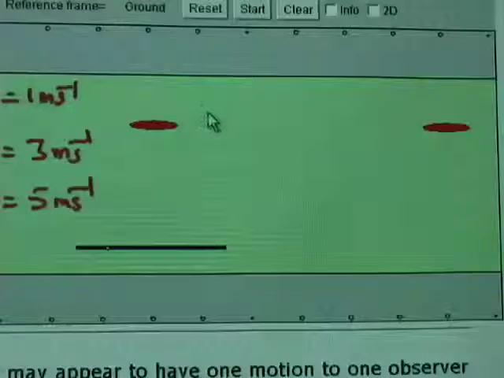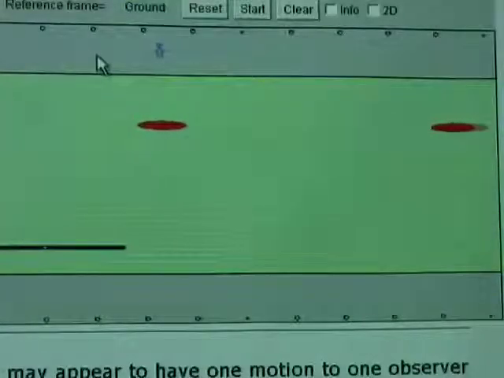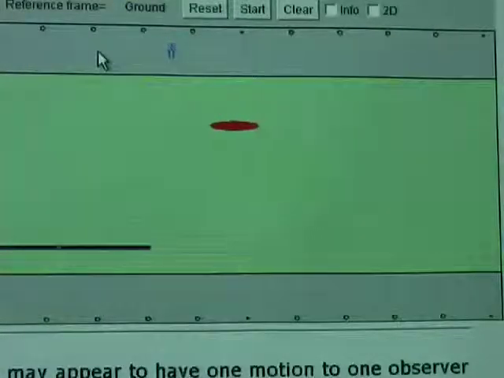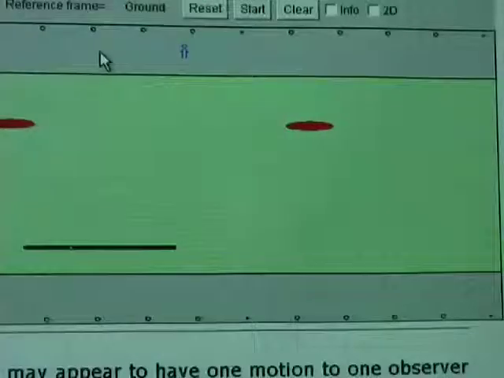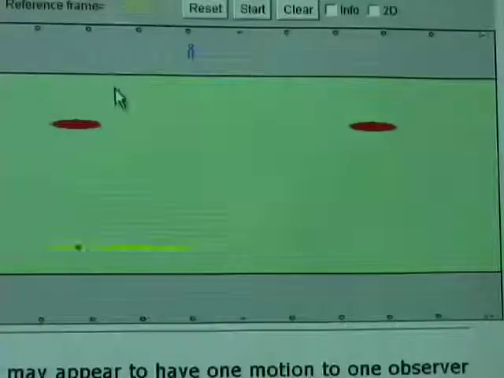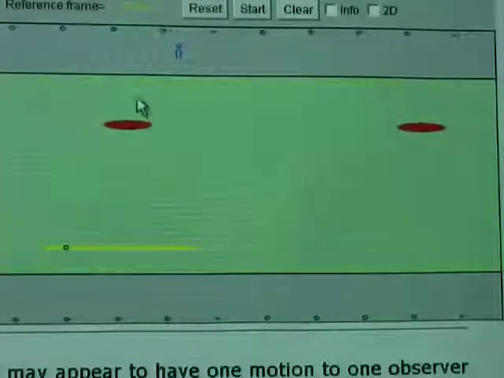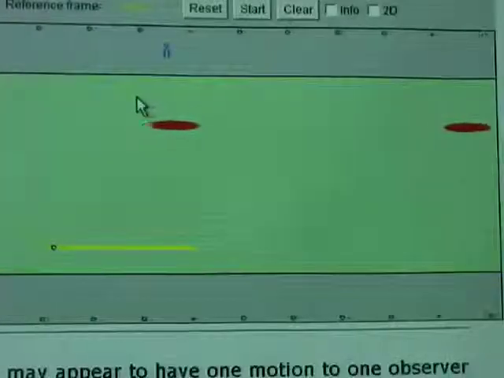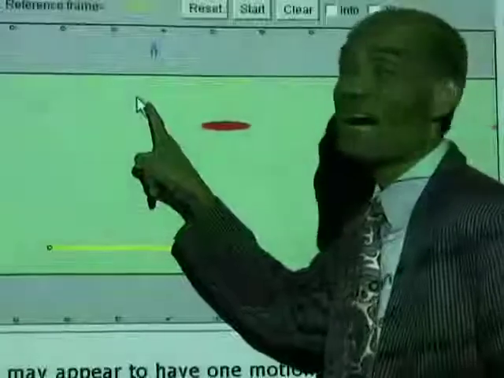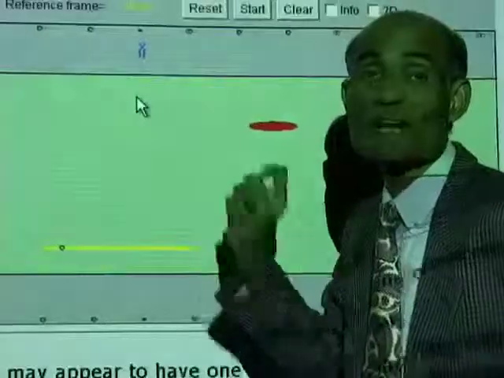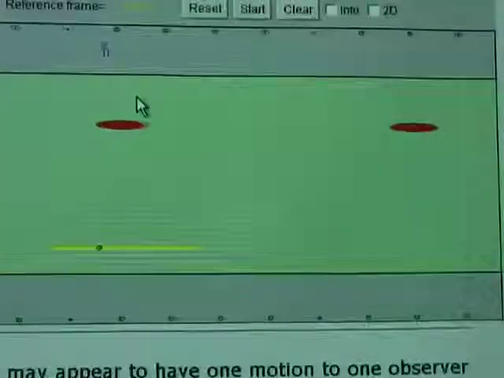Now, what happens when you move the reference frame? When you move from the ground to the river, you can see the river is at rest. The river is the frame of reference. So what we did here, what was the velocity of the river?